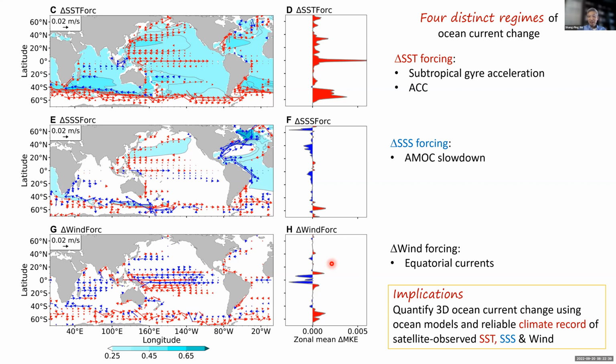Yeah, so I think that's an important thing to do. And just from the modeling perspective, the exercise I just presented suggests maybe the models could be up to the job of quantifying the three-dimensional ocean current change, ocean temperature change, and density change, using good models and of course reliable climate records of sea surface temperature, salinity, and wind.